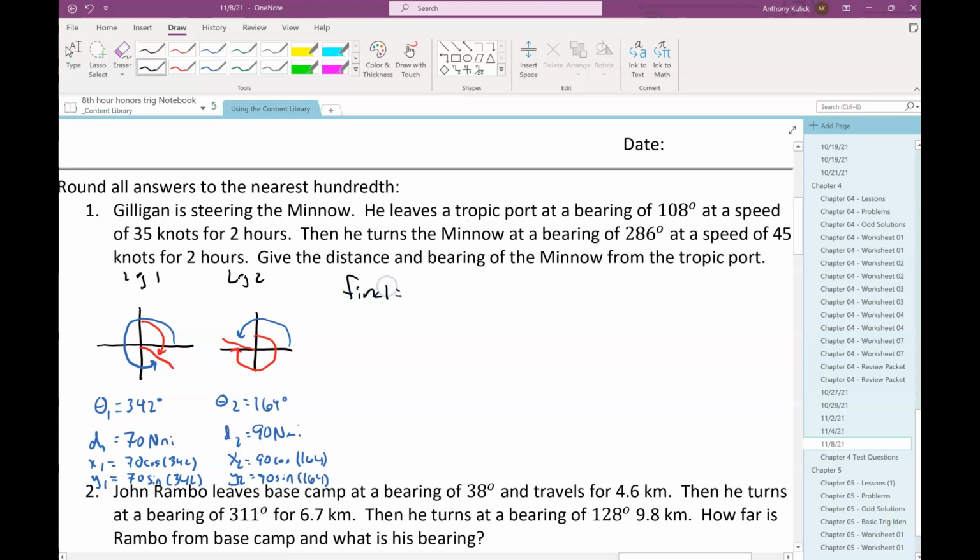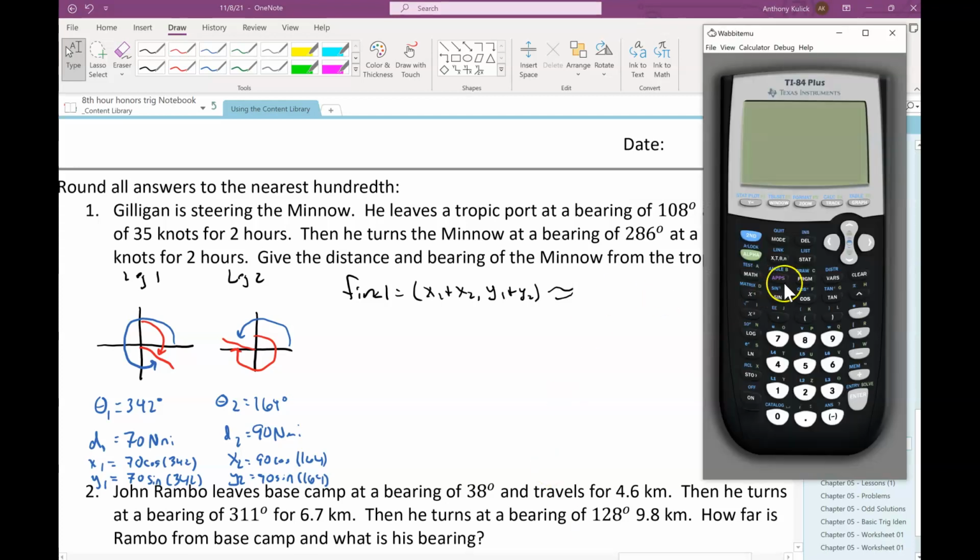So our final position is x1 plus x2, y1 plus y2. Notice we're adding because we go one turn and then another to get to our final, right? Hopefully that part is pretty obvious. Make sure I'm in degree mode. I am.